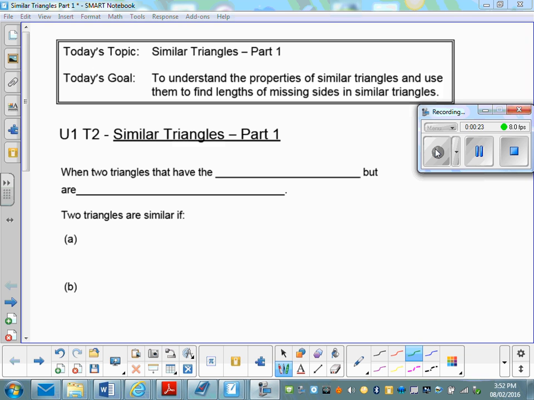When two triangles have the same shape but are different sizes, we're talking about similar triangles.